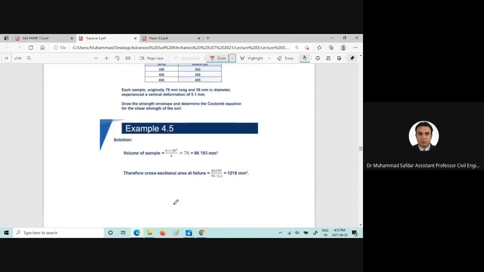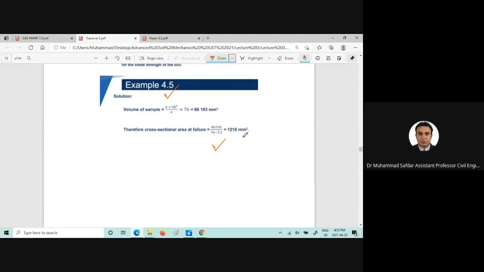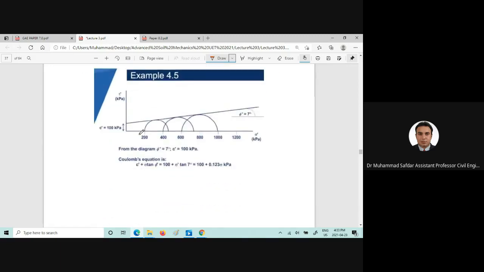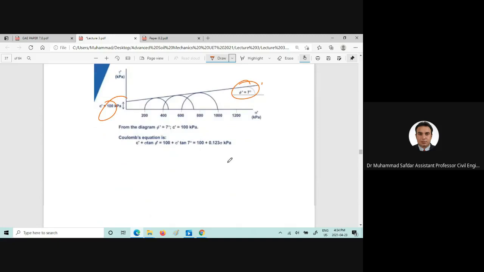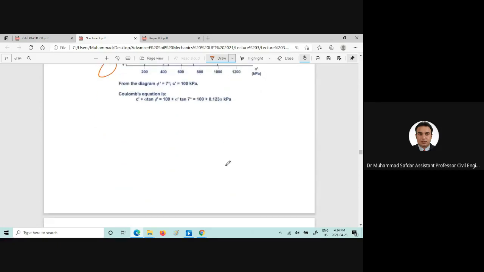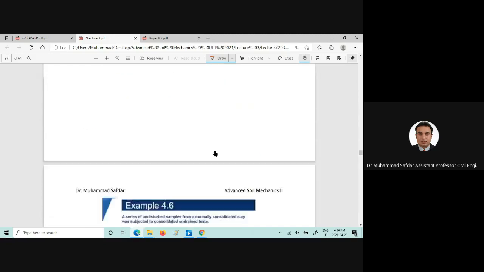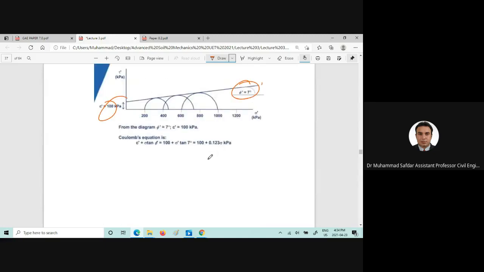A simple example, having the volume of the sample, having the cross-sectional area, and then the loads are transferred, or you will obtain the stresses from the loads and the areas, and you will get the required shear strength parameters. And from Coulomb's equation, you can find out the shear strength of the soil as well.